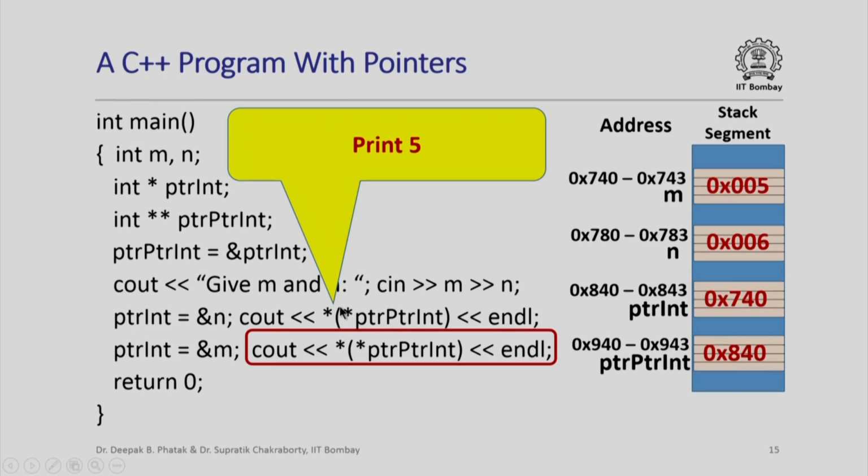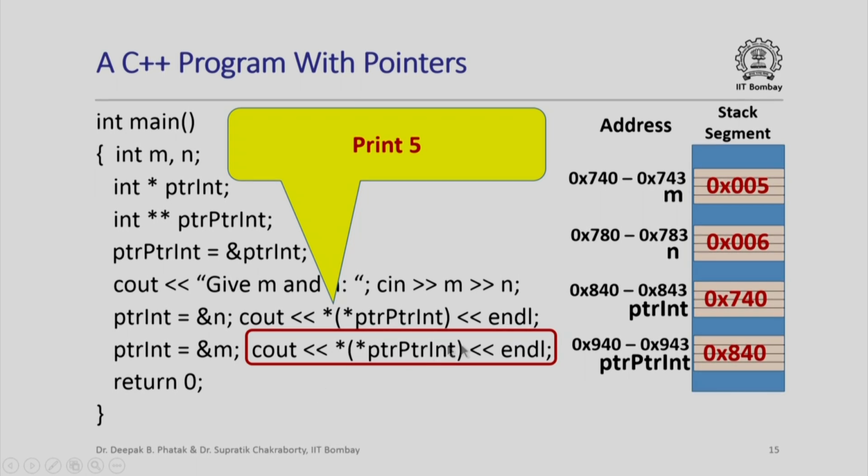So you see that earlier when we executed the cout statement we had printed 6, and why was that? Because pointer int at that point was holding the address of the variable n, which had the value 6, but now after we have executed the statement, pointer int holds the address of the variable m.